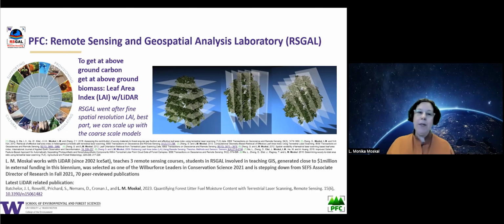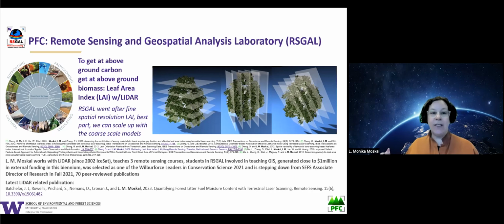And we've also seen that LAI can be plugged in to other ecosystem service calculations, being a supporting ecosystem service, provisioning, cultural, regulating. Leaf area index can tell you a lot about evapotranspiration. It can tell you a lot about wildlife habitat. So it's this amazing variable that we can get out of remote sensing.